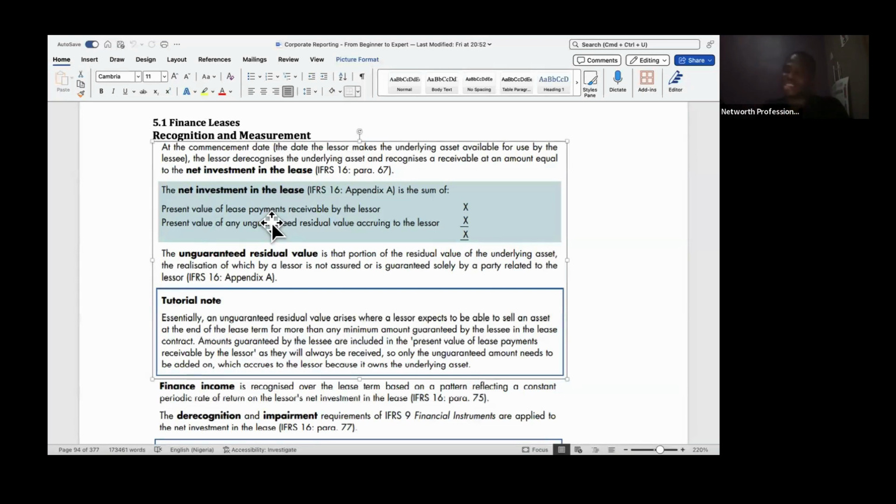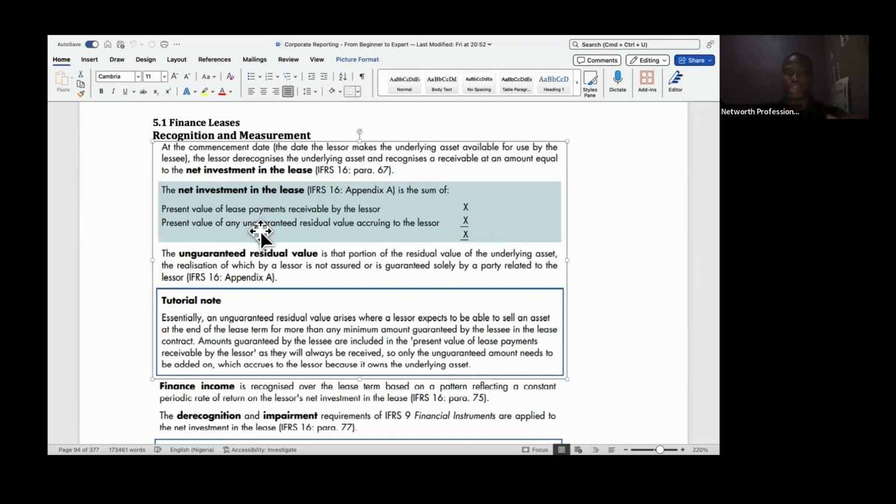The lessor can insist and say, I think I can get 120 naira. Then they would still go on with the deal. But that extra 20 naira that the lessor believes he can get, that is what we call unguaranteed residual value.